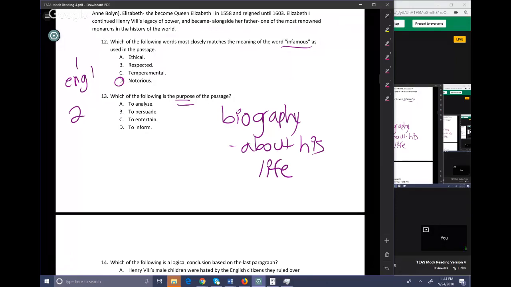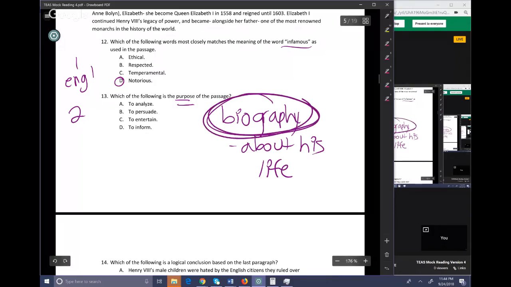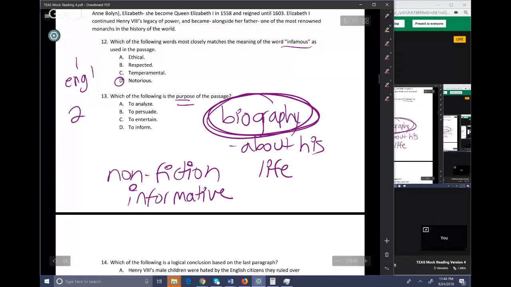When somebody's life story is talked about, it is nonfiction, of course, and it is informational. It is informative. It's usually not opinionated, although you might see a little bit of a tone here and there. Somebody that writes a biography might adore them or not so much. So in this case, we're going to answer to inform.